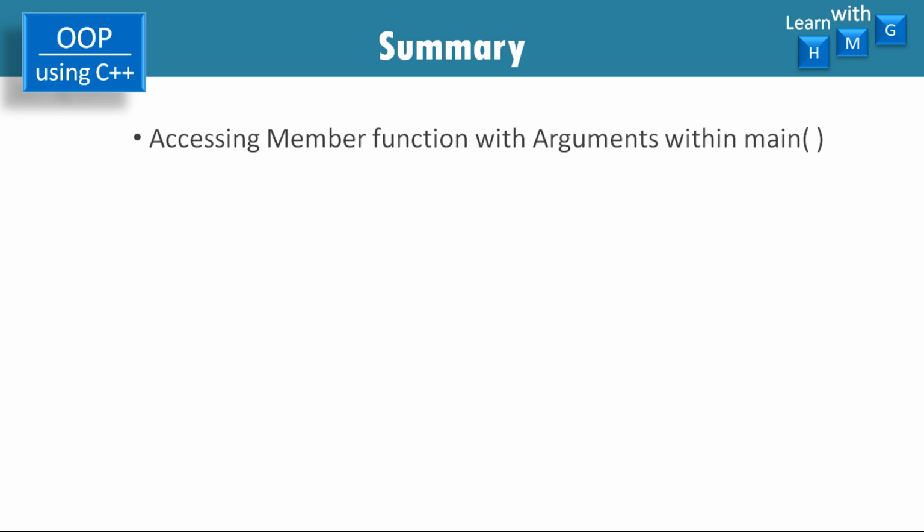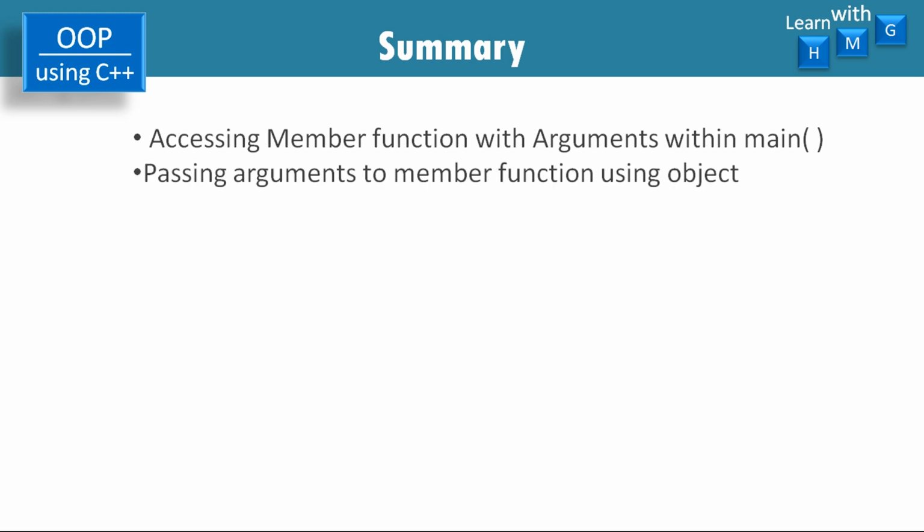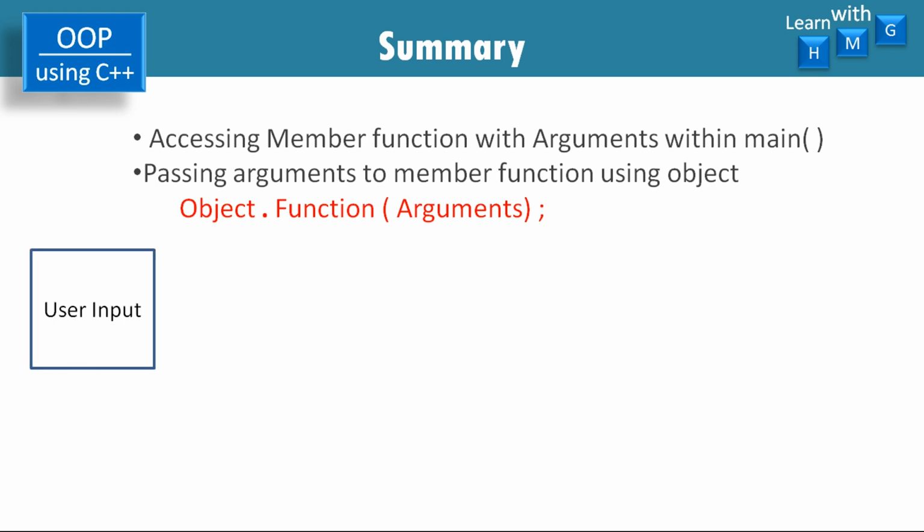Then accessing a member function with arguments within the main function, passing arguments to the member function using the object like this: object dot function, and the arguments you have to pass. These are the actual arguments. Now let us see the flow, how the data is flowing from input to the object. First of all, the user will input the values.